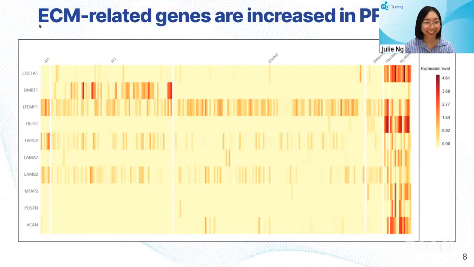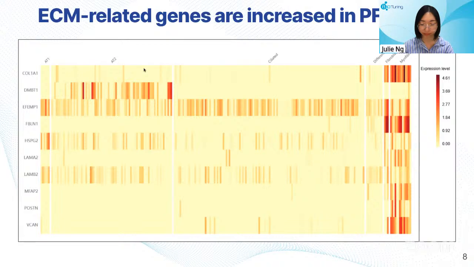I'll go ahead. In this heat map here, I'm querying for a couple more ECM-related genes among these different cell types to see where these ECM-related genes are expressed. We see again the collagen gene very highly expressed within our fibroblasts, but some other ECM-related genes are also expressed in these AT1 and AT2 cells, which are a subtype of epithelial cells.